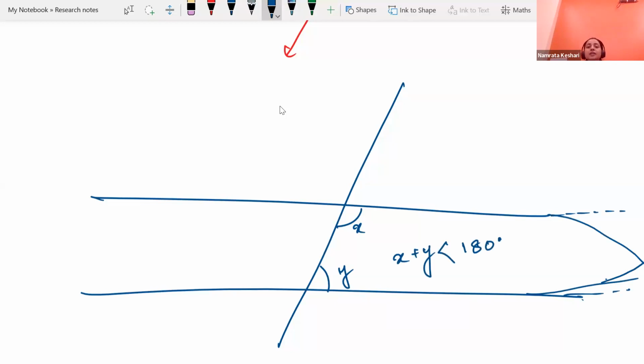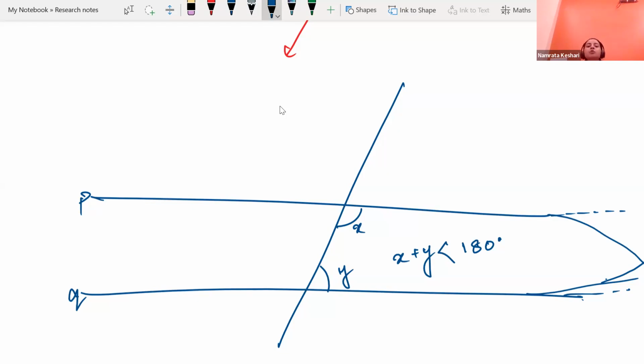If the sum of the interior angles on the same side is less than 180 degrees, then these two lines P and Q are going to intersect each other. If not now, then you produce them indefinitely, and you will find that somewhere they intersect.